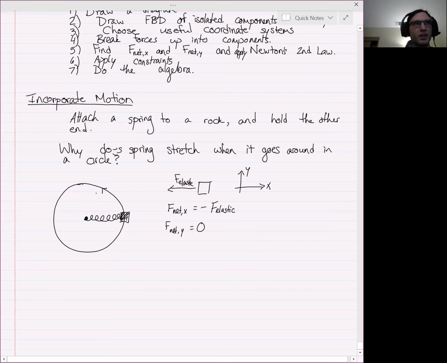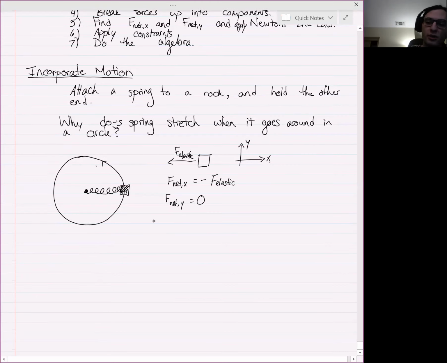So remember, way back in maybe the second or third or fourth lecture, we defined the acceleration that an object undergoes when going around in a circle. That's the centripetal acceleration. So recall, the block has centripetal acceleration. That is the acceleration that it experiences, assuming there's no gravity and all that.